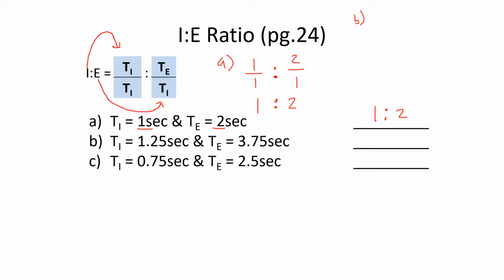All right, B, all you got to do is plug and chug. 1.25 over 1.25, and that's compared to 3.75 over 1.25. So simplify these numbers.